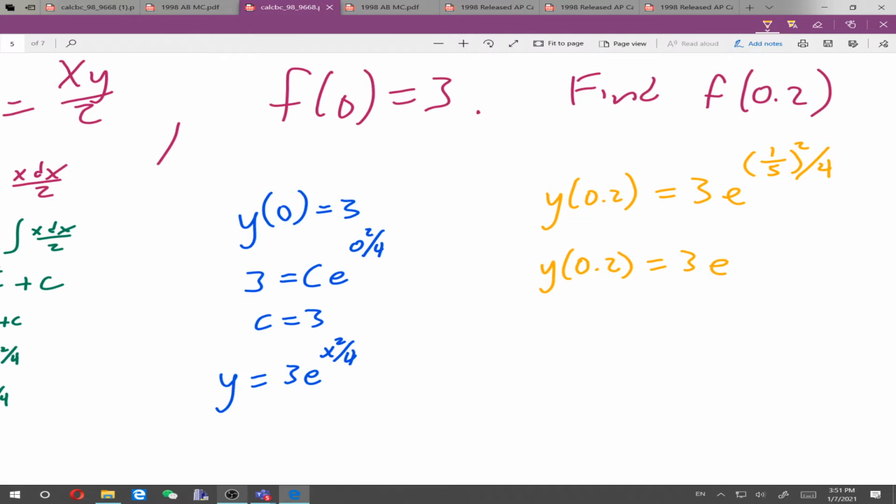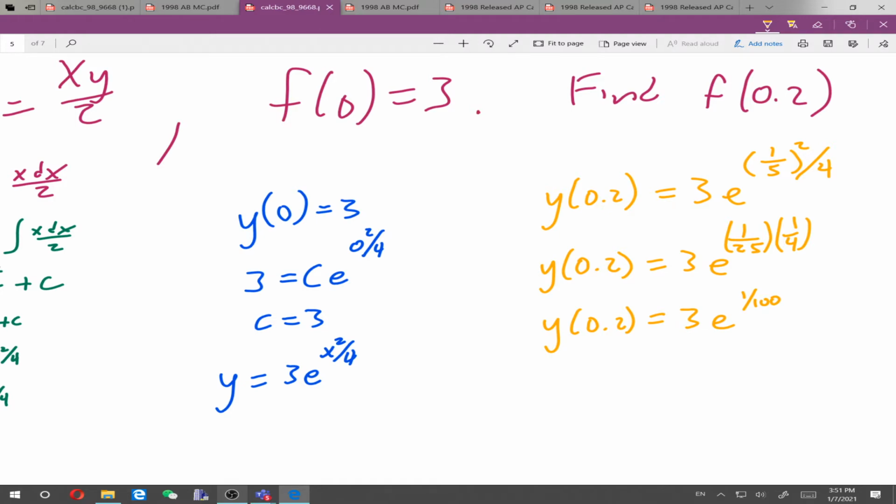Okay, so that's 1 over 25 divided by 4. 1 over 100. So if I'm dividing by 4, that's the same as multiplying by 1/4. So that's 3e to the 1 over 100 power.